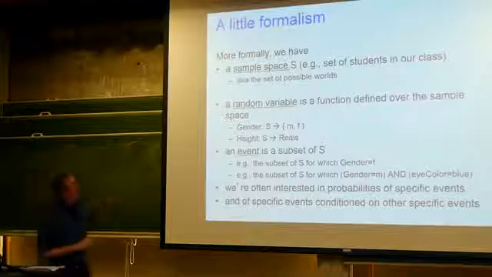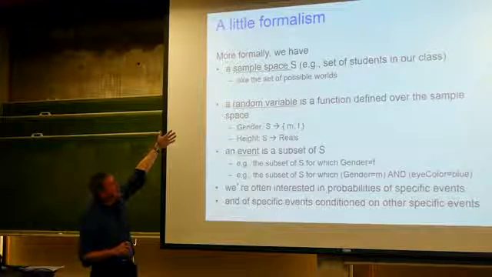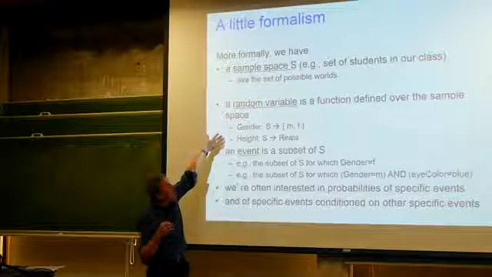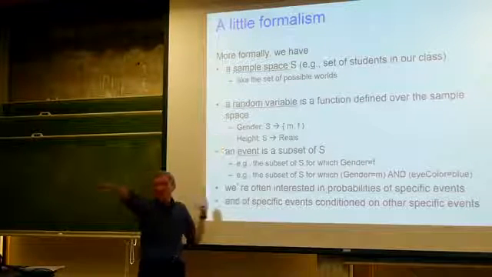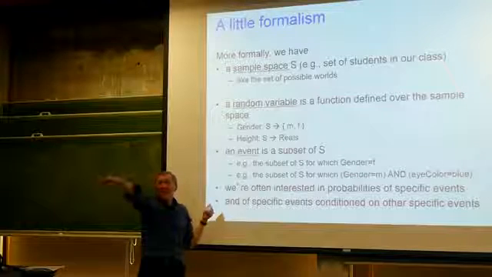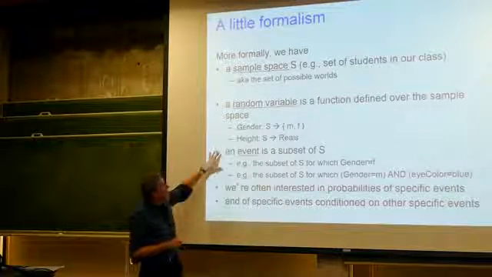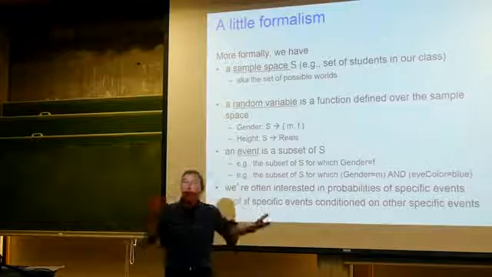More formally, we say that we have a sample space S, for example, the students in the class. A random variable is really just a function defined over that sample space. If I point at any one of you, I get a true or a false, female or not. And an event could be a more complex thing.